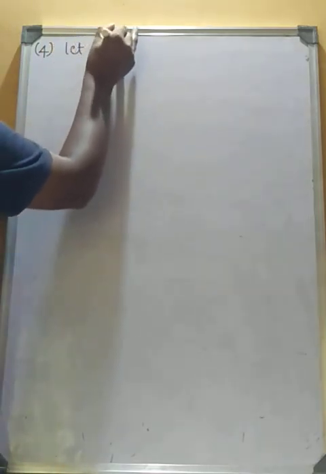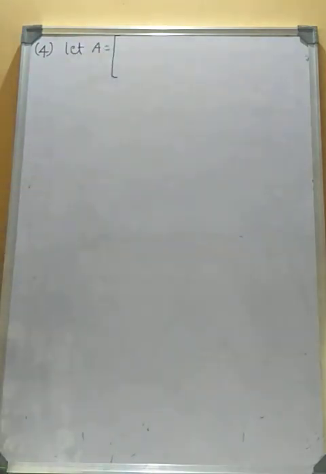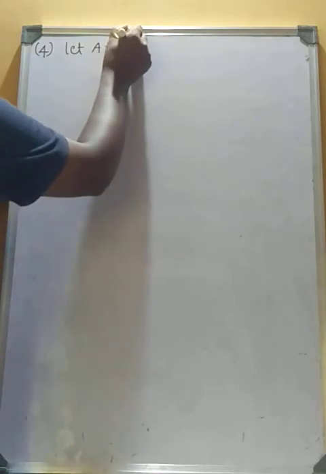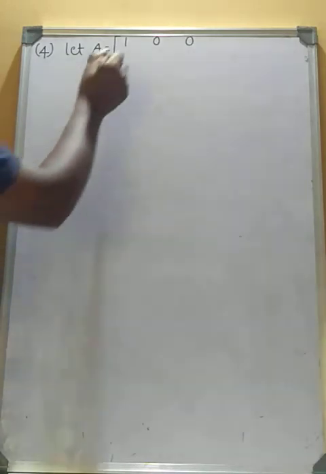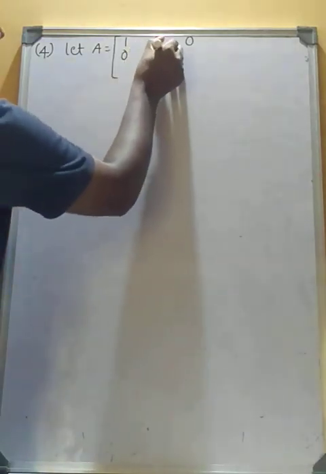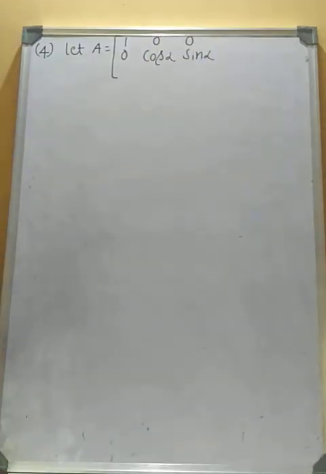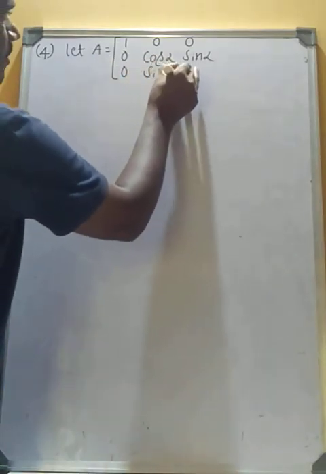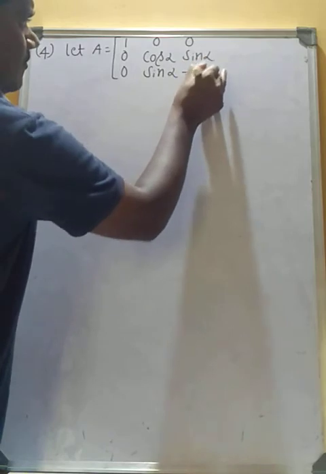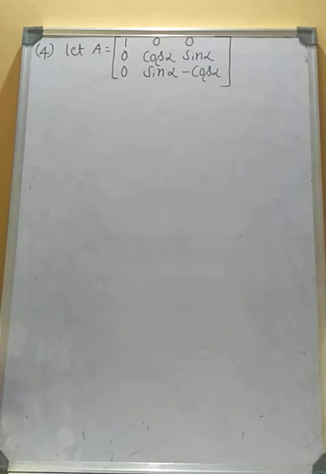Let A equals 1 0 0, 0 cos alpha sin alpha, 0 sin alpha minus cos alpha. Also a 3 cross 3 matrix, but here trigonometric functions are given.